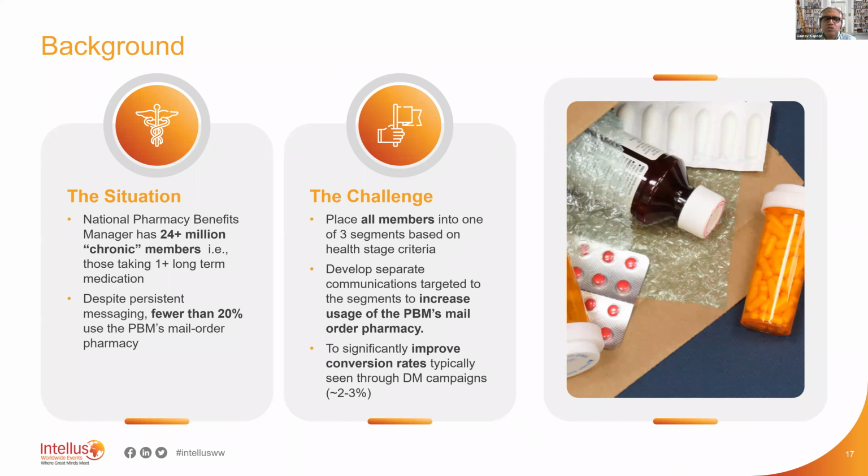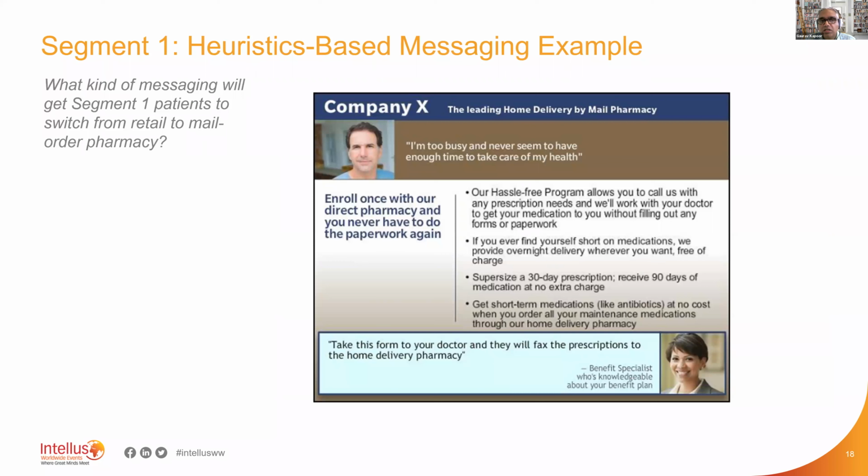Any which way you can think about it, it's a no-brainer to switch, but most people don't switch. So for this project, first we started with the segmentation, identified the heuristics of each segment, then wrote messages to each segment, then conducted research to test those messages with those segments, identified a winning message bundle for every segment, and then campaigns were executed in market to each segment to see the results.